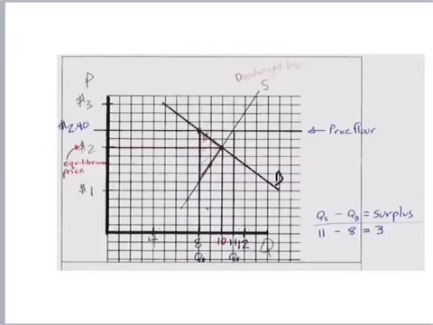The deadweight loss that results is given by this triangle. It's a measure of the loss that resulted from sales falling from 10 million pounds per week to 8 million pounds per week.